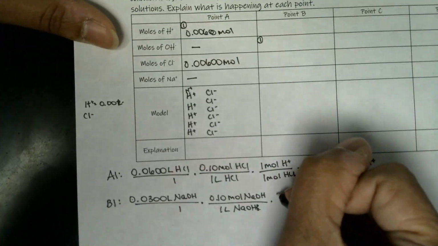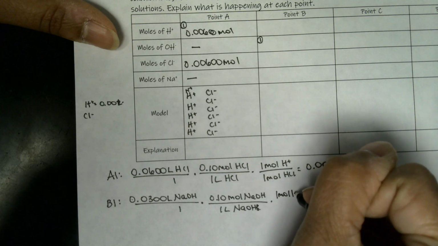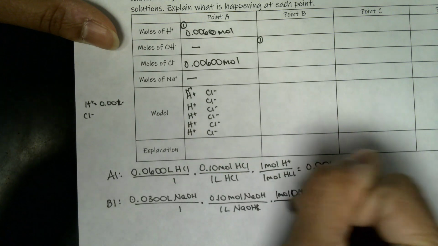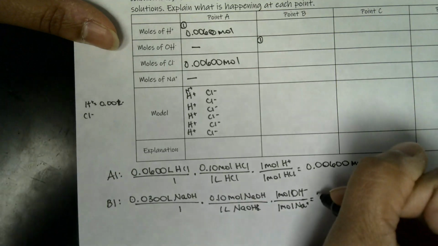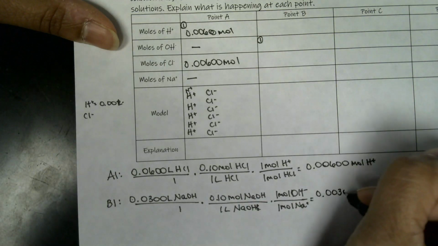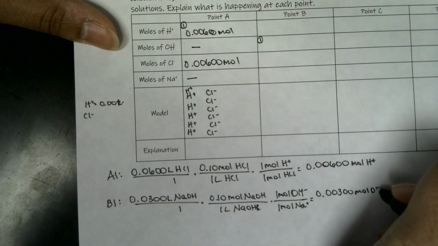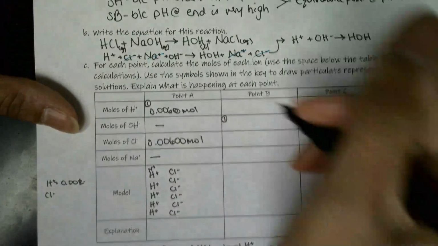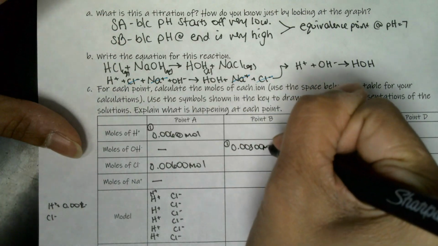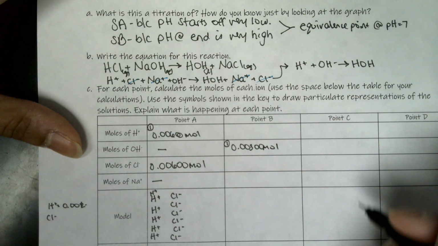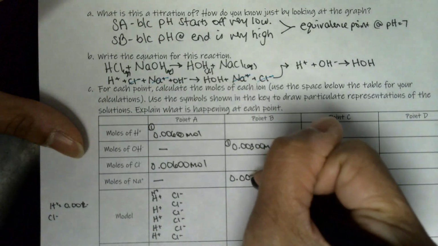Then I have 1 mole of OH minus for every 1 mole of Na plus. So that should give me 0.00300 moles of OH minus. Here we have 0.00300 moles of OH minus, and we have the same amount for Na.